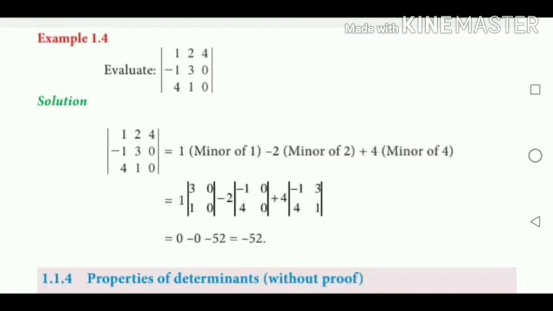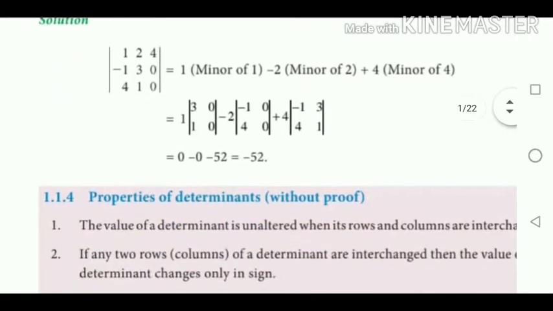In order to evaluate, first we find the minors of the first row only. The minor of element 1: eliminate the first row and first column, you get 3 0 1 0.